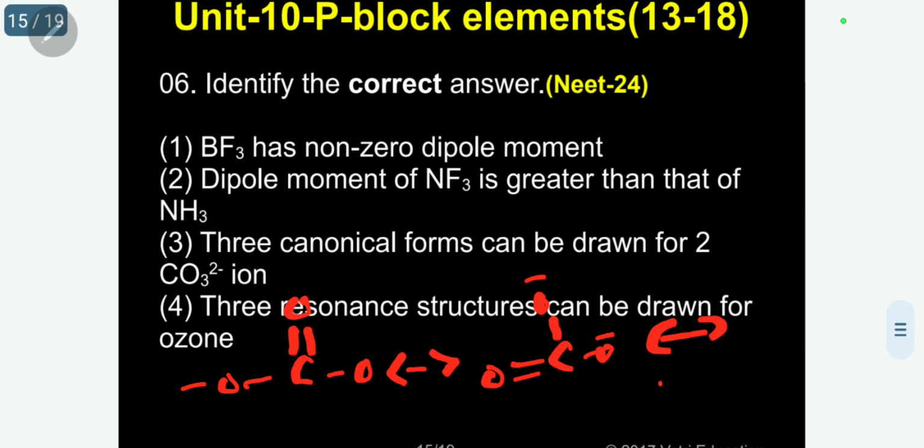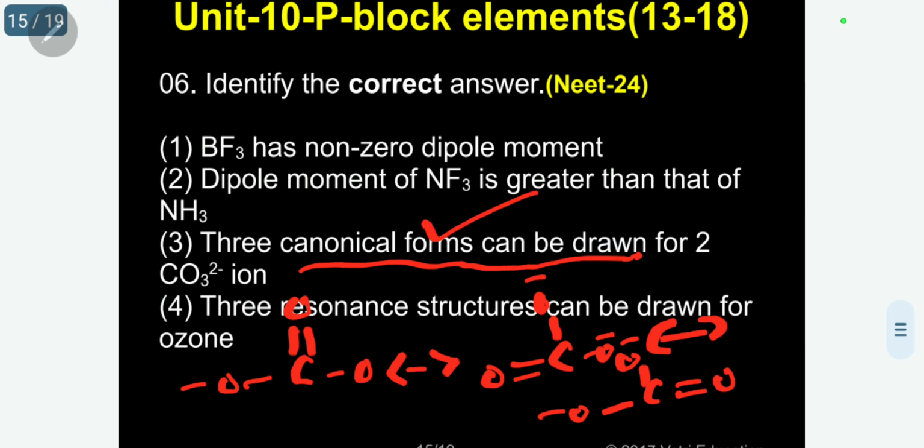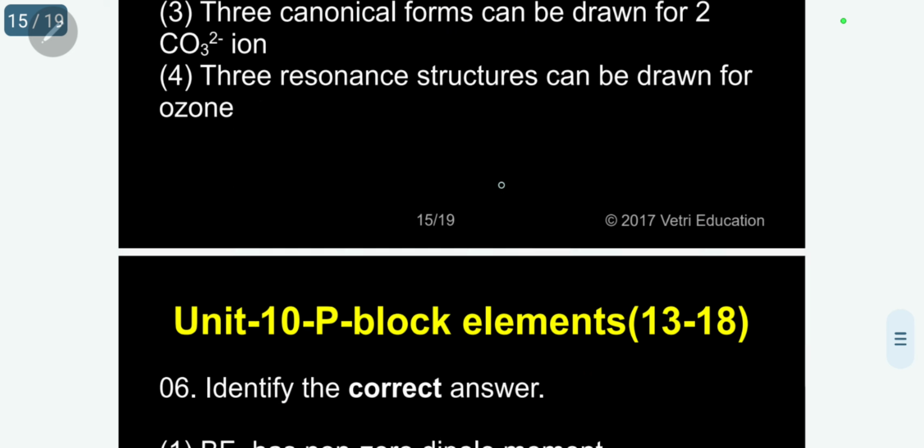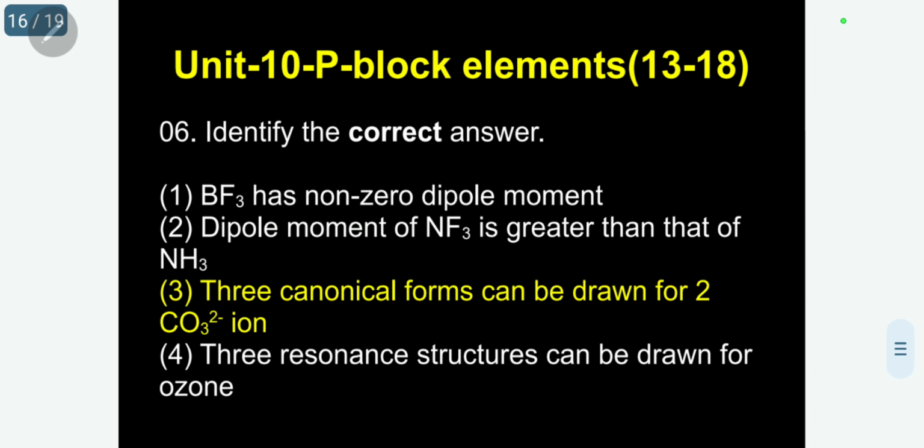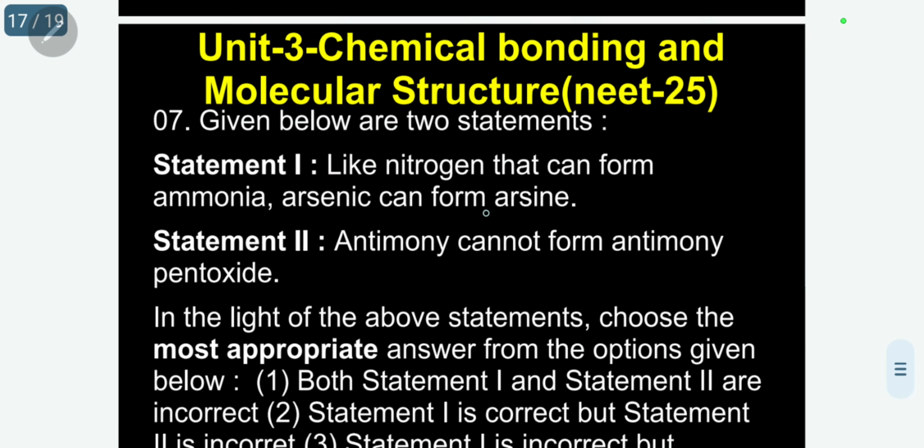And the third one, C double bond O minus, O minus. So for carbonate ion, 3 canonical forms can be drawn. This will be the correct answer. Let us check my answer. Yes, answer 3 is correct. Very, very interesting tricks. Now, number 7.